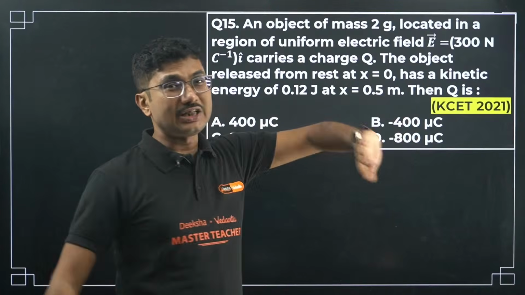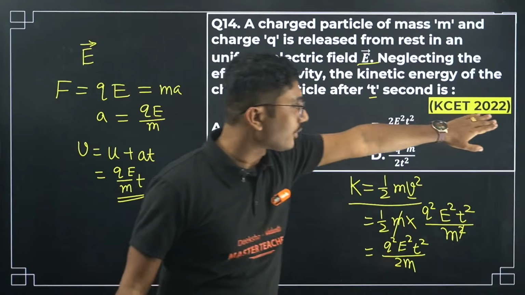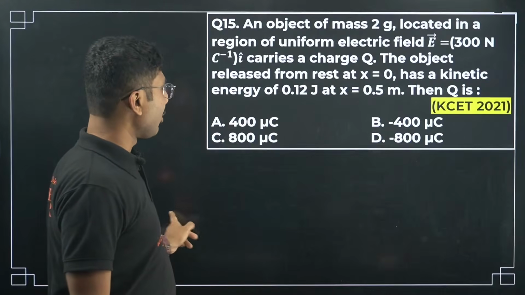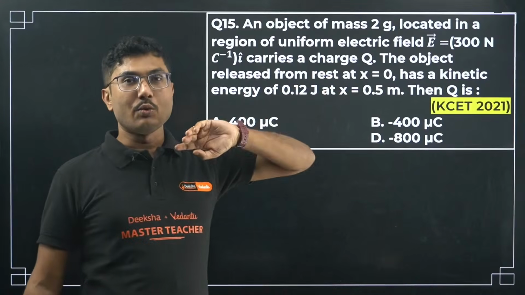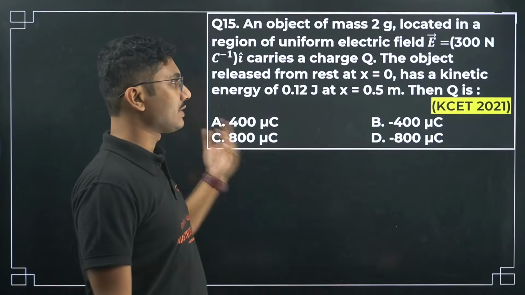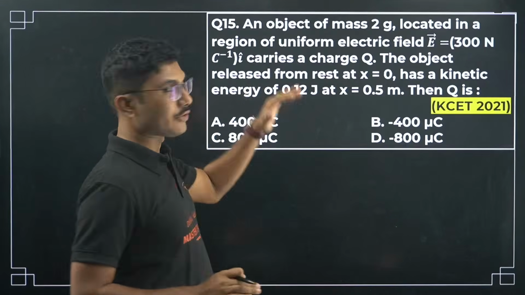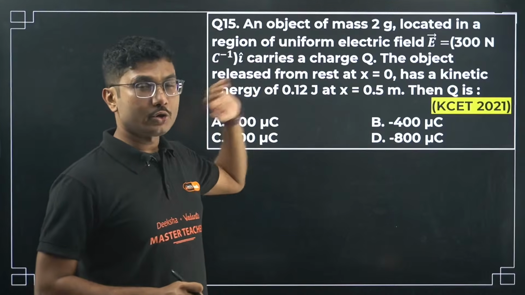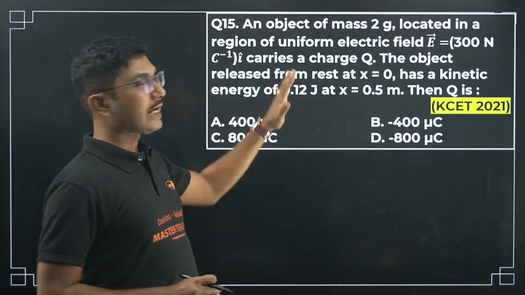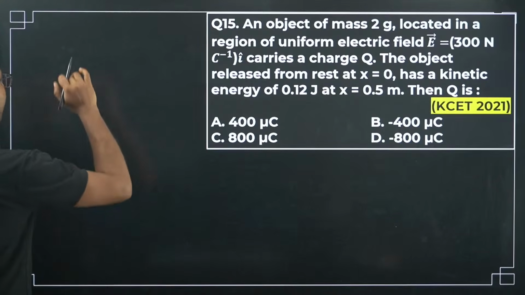This is similar to the last question, which was asked in 2022. Here we only need to find the work done and apply the work energy theorem, which says the change in kinetic energy equals the work done on the system. This type of question came back to back in 21 and 22, so these are also important. It is slightly different from the 22 question.